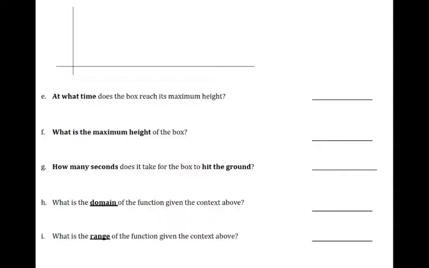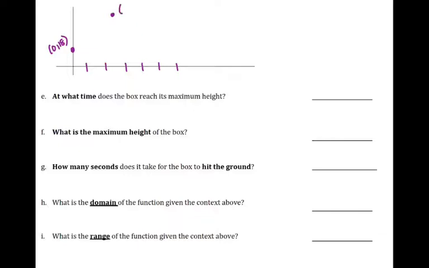So my y-intercept was (0, 18), so I'm just going to plot a point somewhere right here. We'll label this (0, 18). That was my y-intercept. Your vertex is at (2.5, 36.75). So 2.5, I'm going to say 36.75 is about right here.